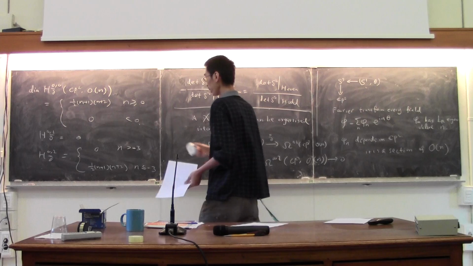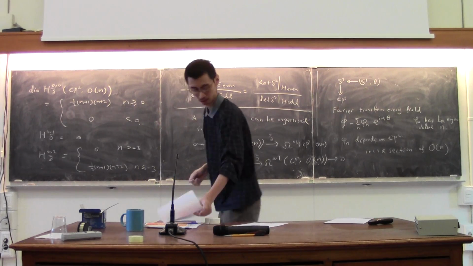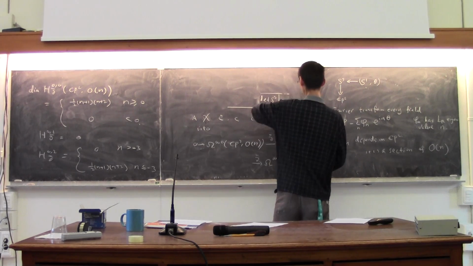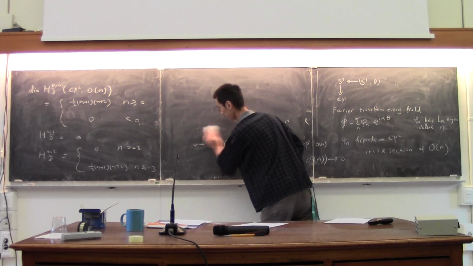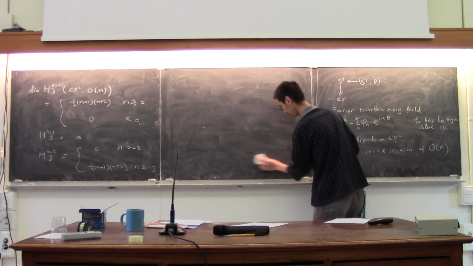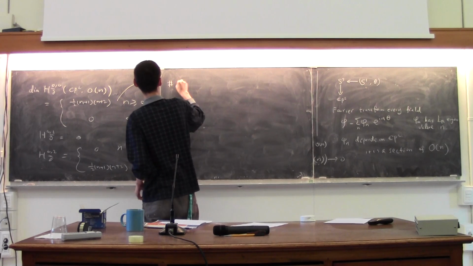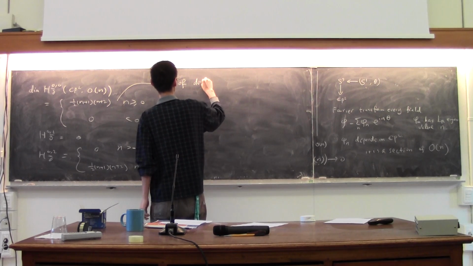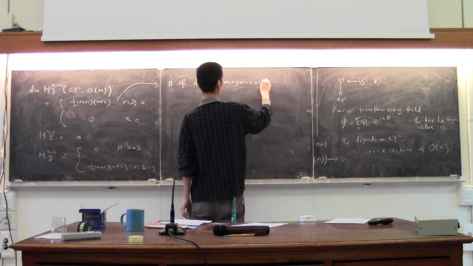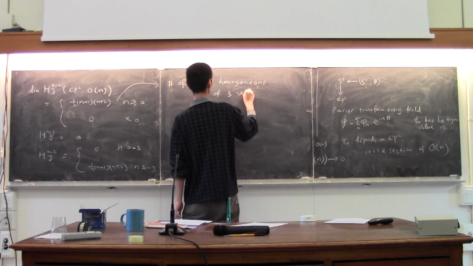So just one word about how to get these numbers. So this number here is the number of degree n homogeneous polynomials of 3 variables.